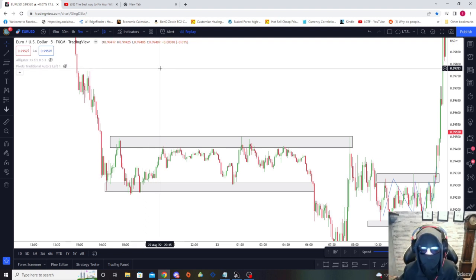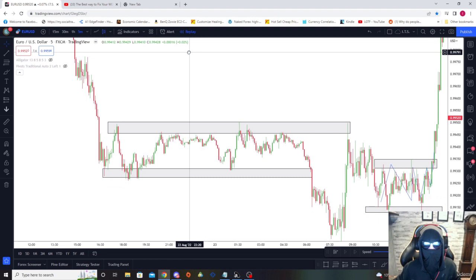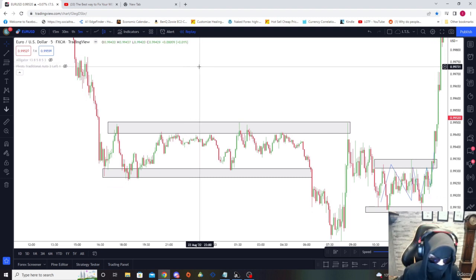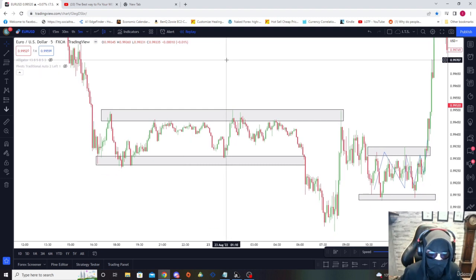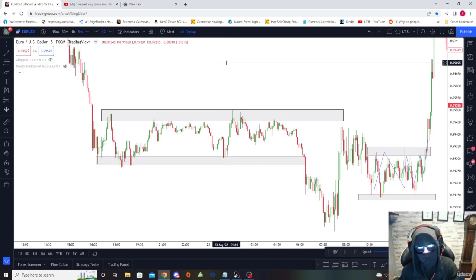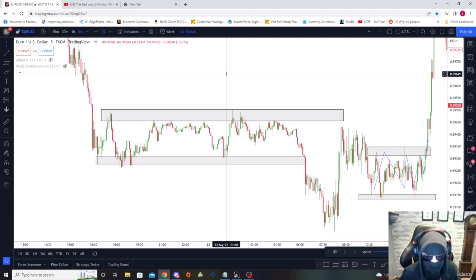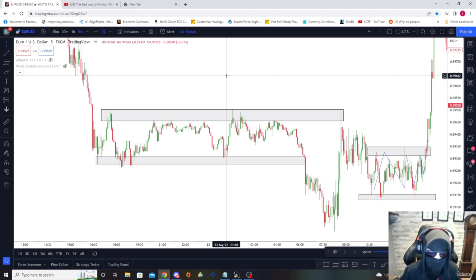How can you trade support and resistance? By looking at the chart and identifying your support and resistance zones. There are 3 ways to trade it. Number 1, the most basic way, is to just buy and sell support and resistance lines.